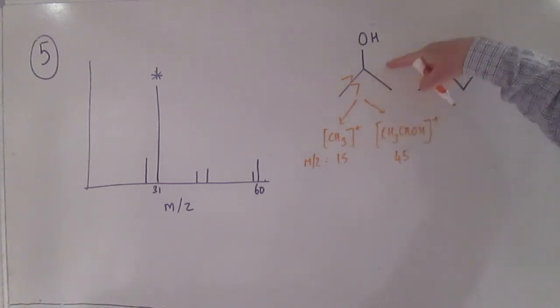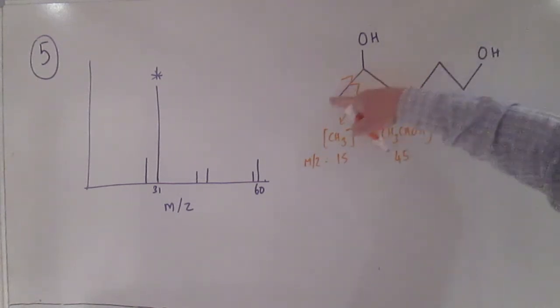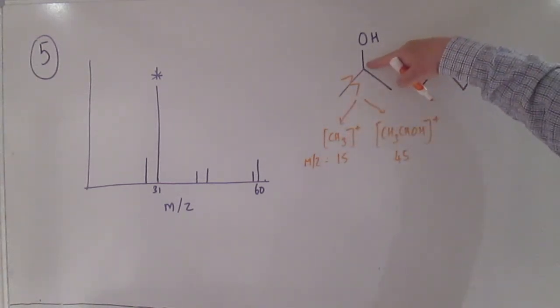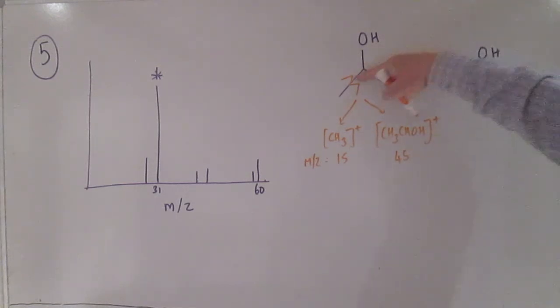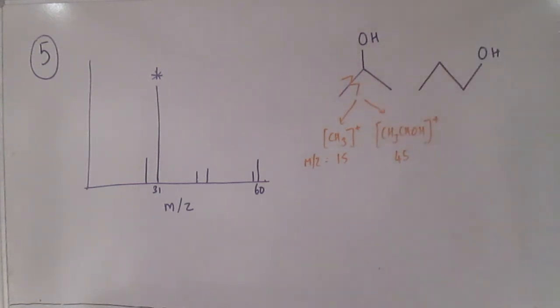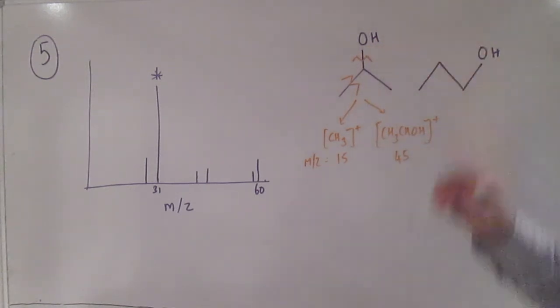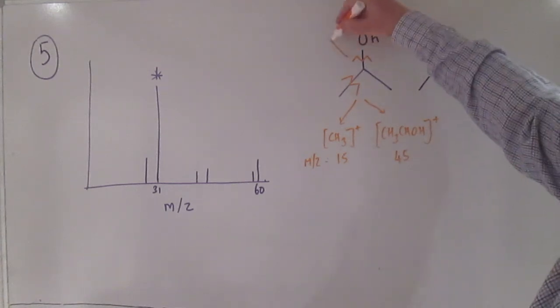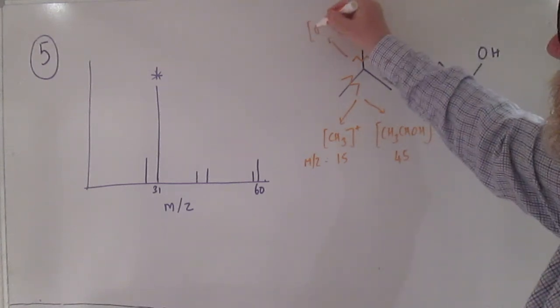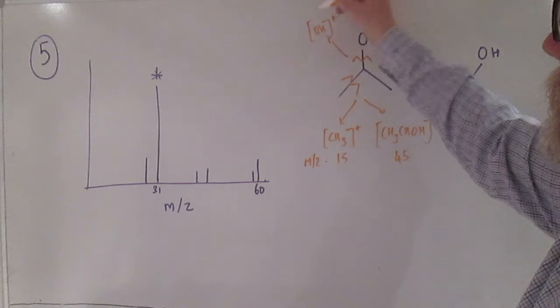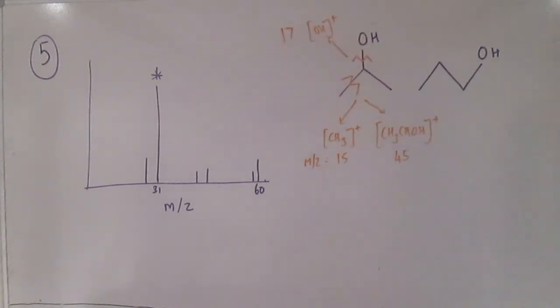Other molecules might break that bond, but of course this bond and that one are the same, because that's just that atom to CH3, and so is that one, so breaking here is just the same thing. If we break here instead, because some molecules might do that, then we would get OH plus, which would be 17.